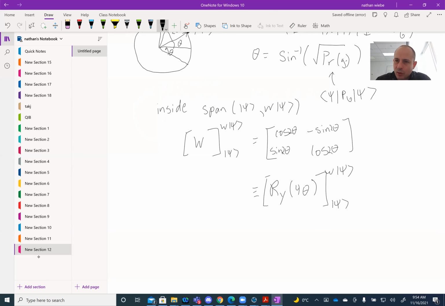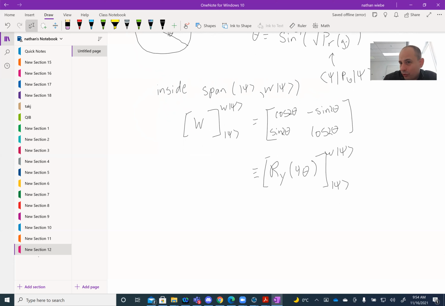Okay, cool. So the eigenvalues of Ry are pretty easy to figure out because Ry is actually equal to S H Rz H S dagger.